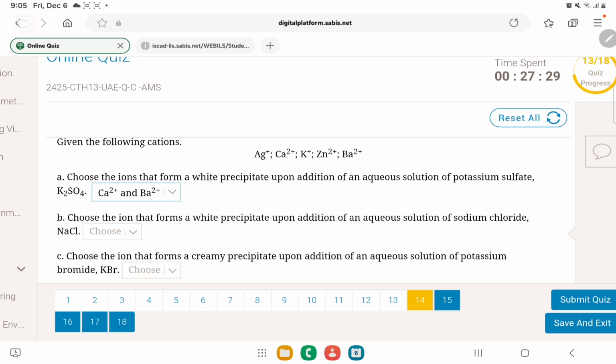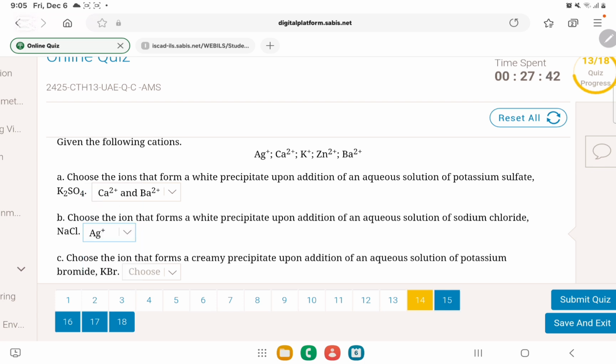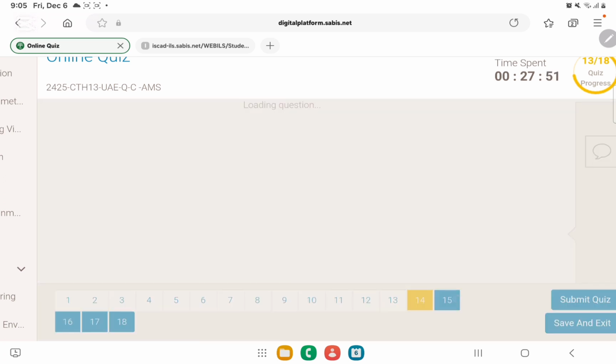So it's just Ca and Ba. And here, white precipitate, with NaCl, when you add AgNO3, because Cl and AgNO3 form a white precipitate, so Ag. And then last one, KBr, you get a creamy precipitate, so again AgNO3, so Ag.